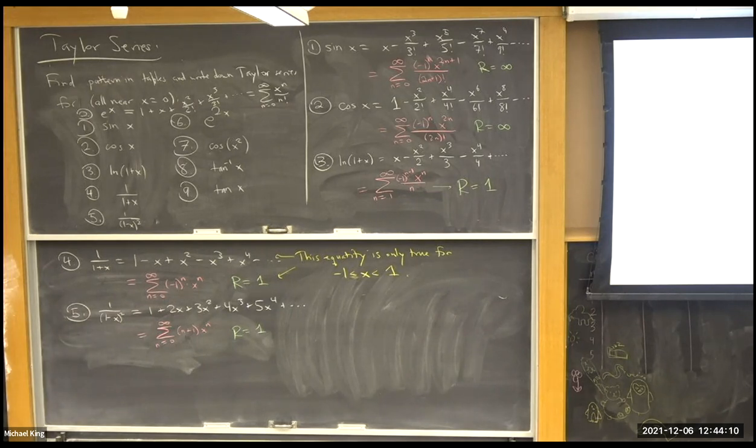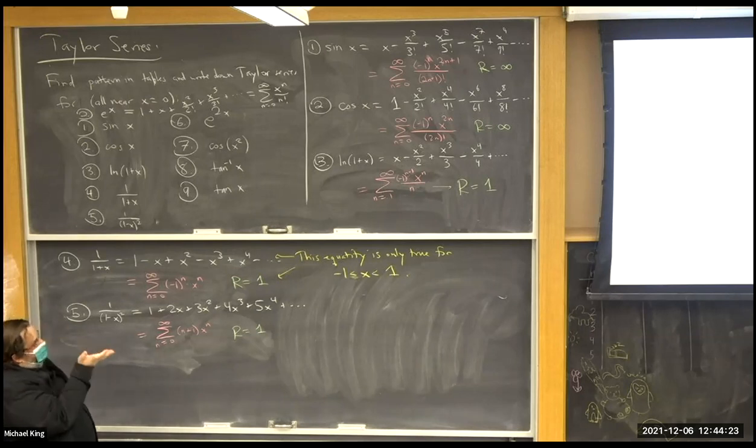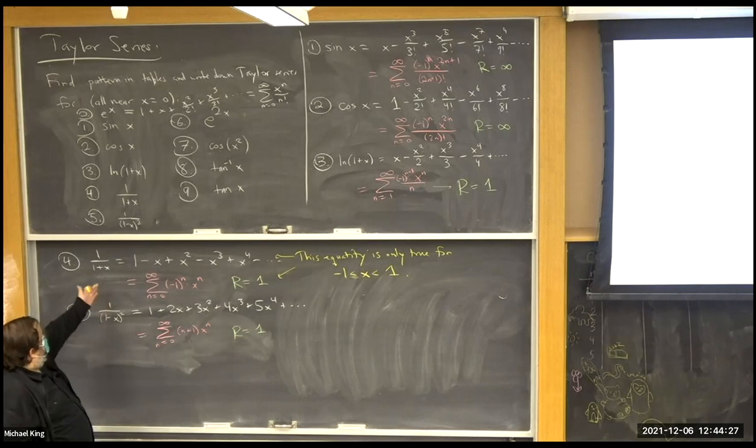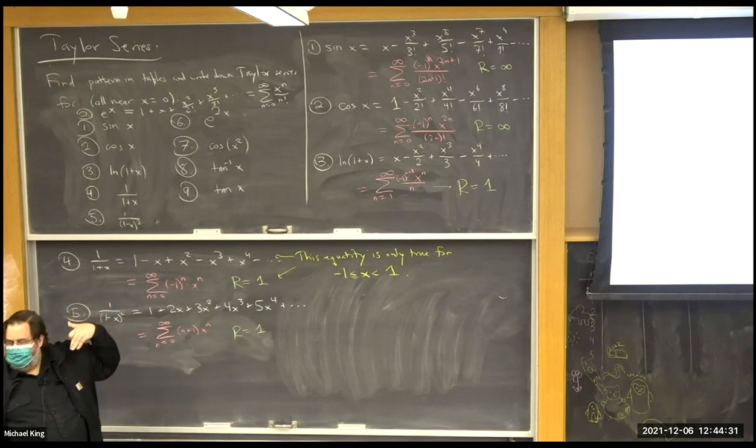There's a vertical asymptote here. I guess you can't really see it, but there's a vertical asymptote at -1 because it blows up, right? That's why the function comes back down from the bottom left. So it actually makes sense, this can't converge because the function has a bad point at -1, so it better not converge past there anyways.